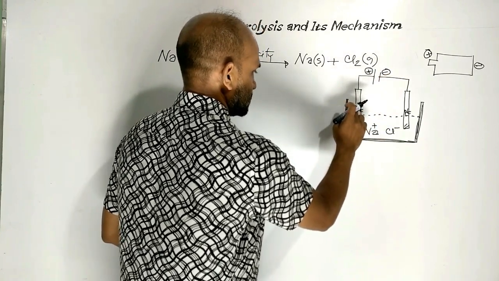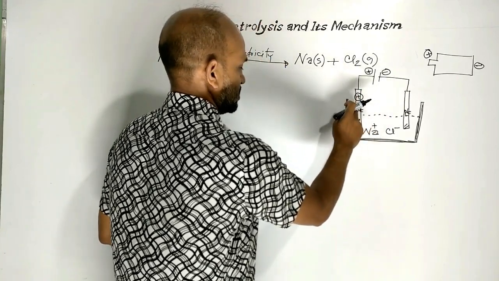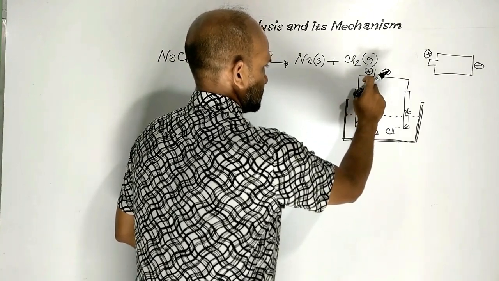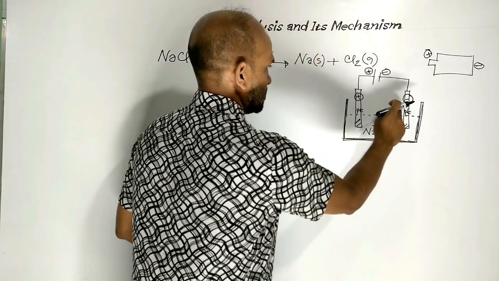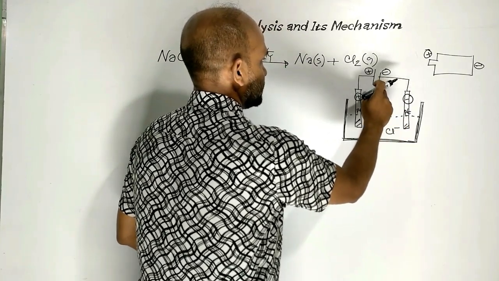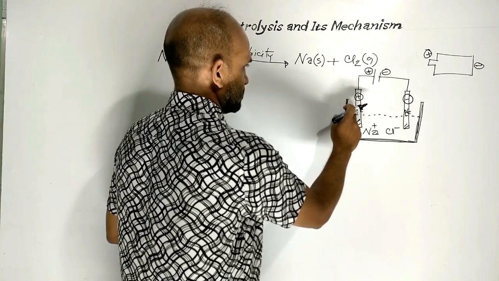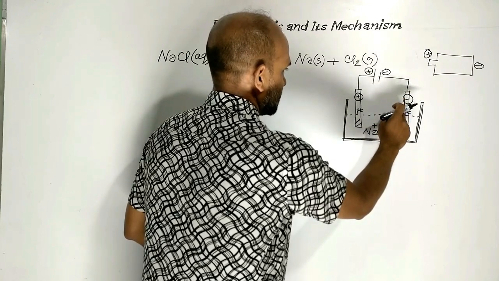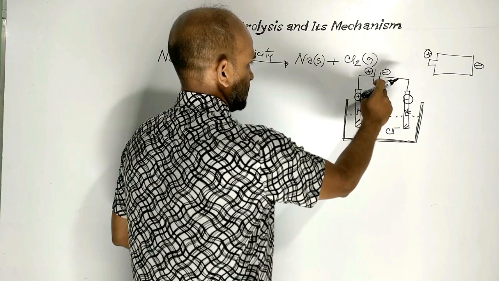Now, this metallic strip is positive in charge because it is connected to the positive end of the cell. Similarly, this metallic strip is negative in charge because it is connected to the negative end of the cell.